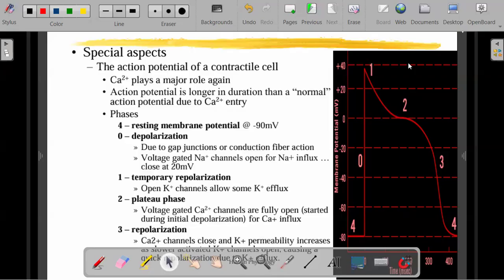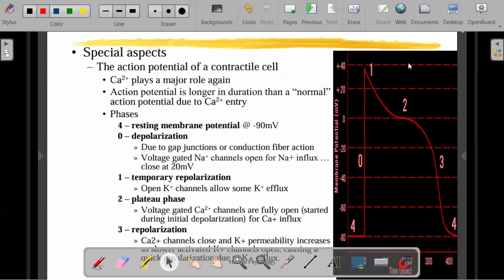The first phase is the resting membrane potential phase, which is phase 4. It is the resting phase. At this stage, the cell retains its resting membrane potential of negative 90 millivolts.